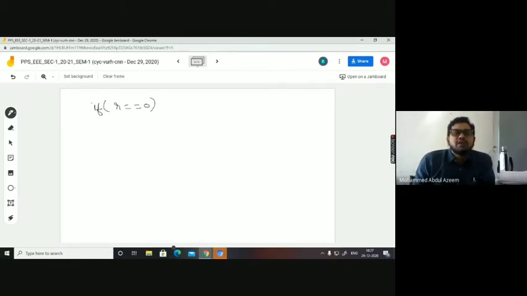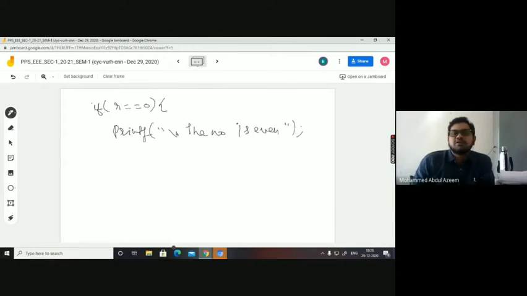So here, this equal comparison we are using, right? r equal to 0. If r equal to 0 is true, then what happens? You want to print the number is even, right? printf, you say the number is even, okay?